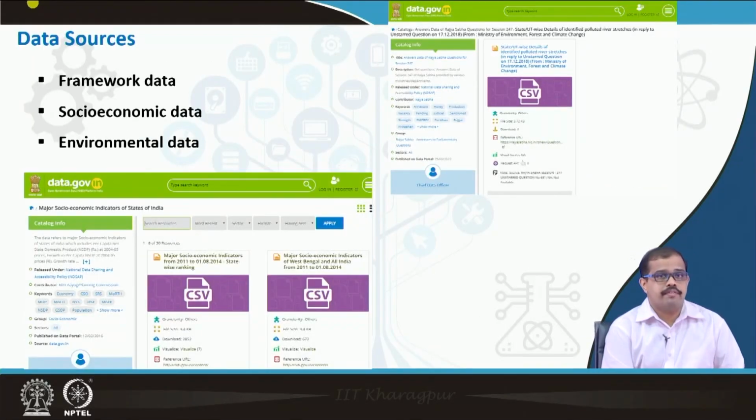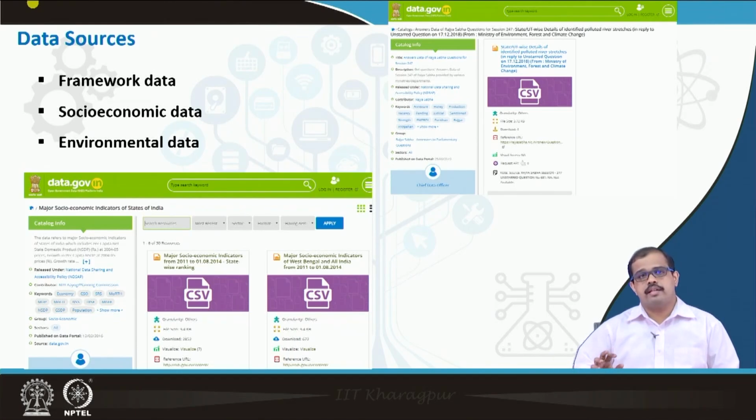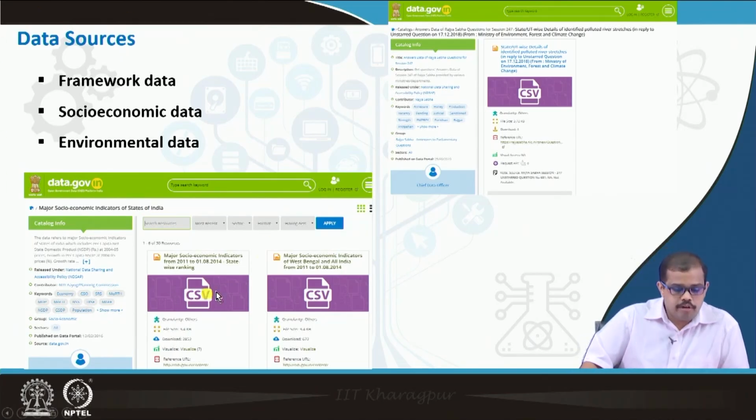For example, when we look at the data sources, we can divide it into three types. One is the framework data, the second one is the socio-economic data, and the third one is the environmental data. When we look at the framework data, so before going into the framework data, I hope many of you would have looked at this particular website, which is called data.gov.in.